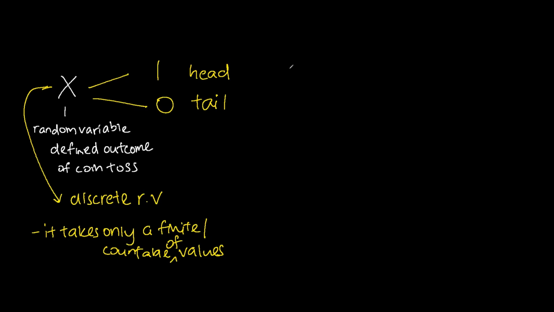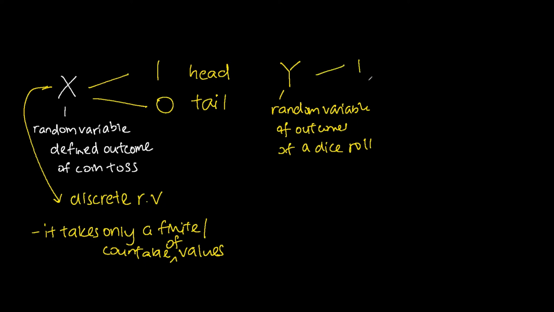Another case: if I define y as a random variable of outcomes of a dice roll, I have 6 outcomes, either 1, 2, 3, 4, 5, 6.